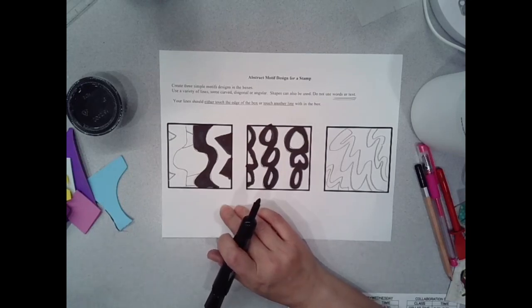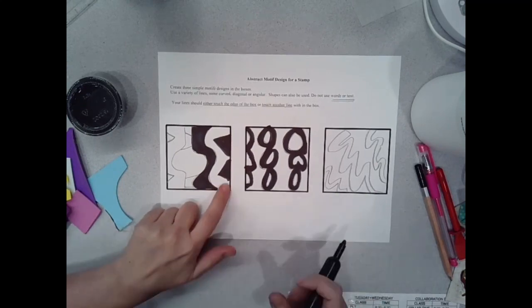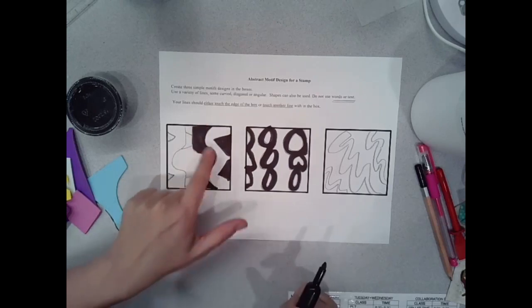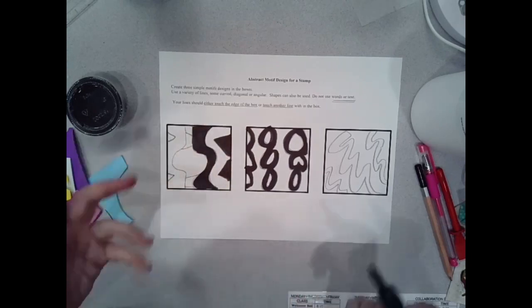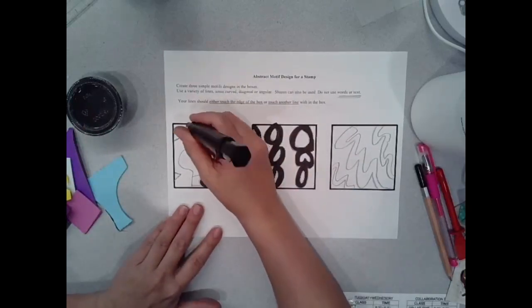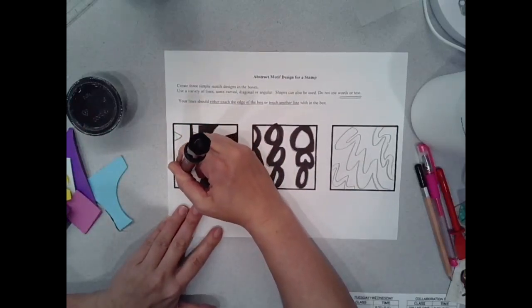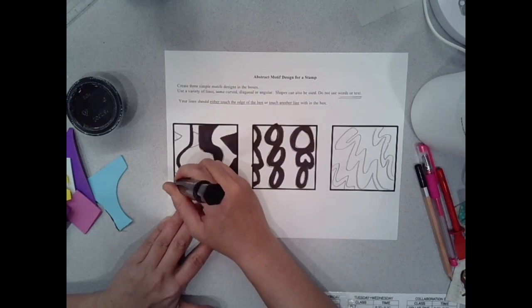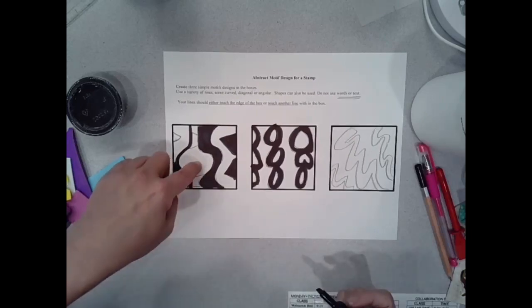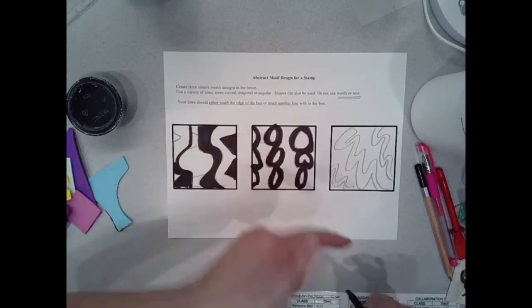Because again, like my hand, if I could color in this white shape, but I decided to color in these shapes. So for me, the black represents positive and the white is the space around. I'm going to do the same here, blocking this in. The stamp will be reversed though. I could have easily colored in those other shapes.